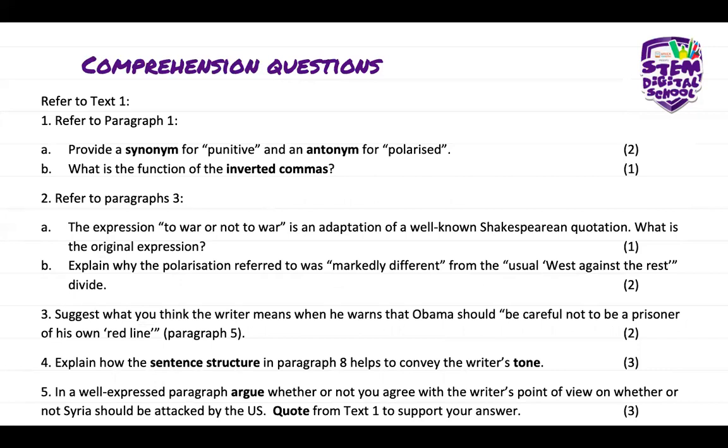Number 3. Suggest what you think the writer means when he warns that Obama should be careful not to be a prisoner of his own red line. Once again, can you see there's a 2-mark question there?